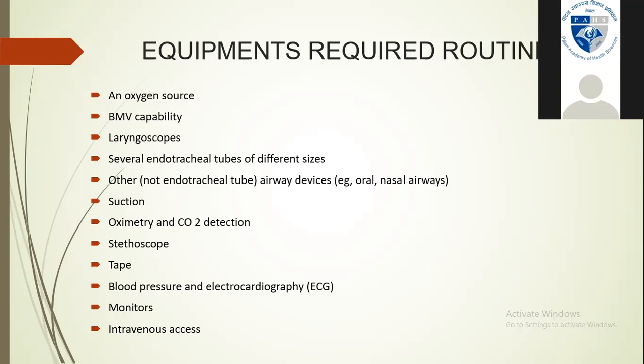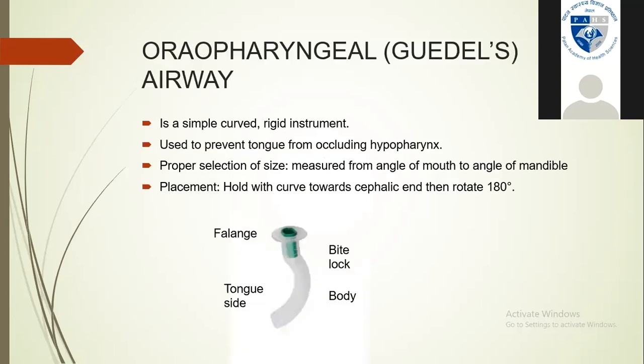The main discussion today is not about endotracheal tubes, but other devices that are comparable to endotracheal tubes and have comparable benefits. We'll be discussing that later. Others are suction, oximeter, stethoscope, and we need to have monitors and IV sets.